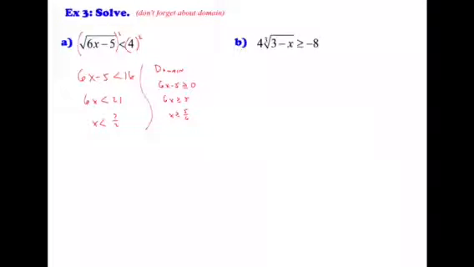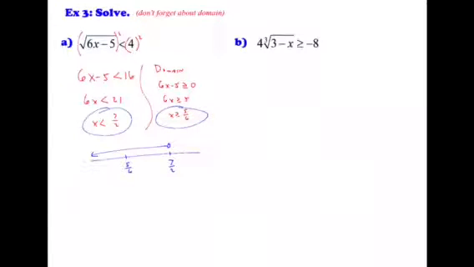So what's our solution? Well, two things have to occur. We want all values that are less than 7 halves, but we want to make sure that all those values are also greater than or equal to 5 sixths. So if you get a number line and you think about this, here's 5 sixths, here's 7 halves. You want values that are less than 7 halves.